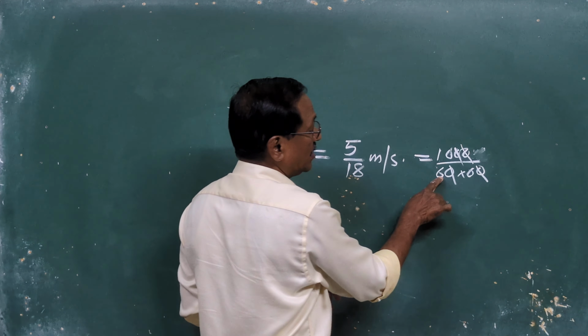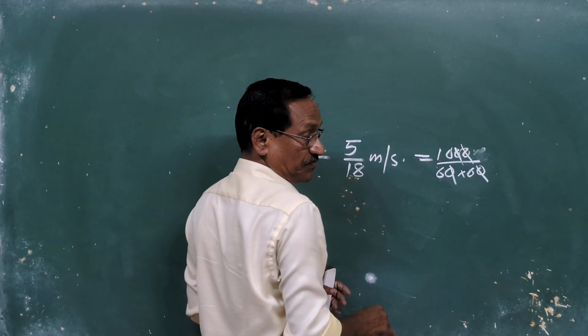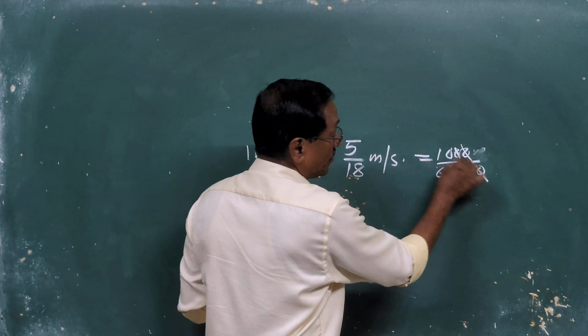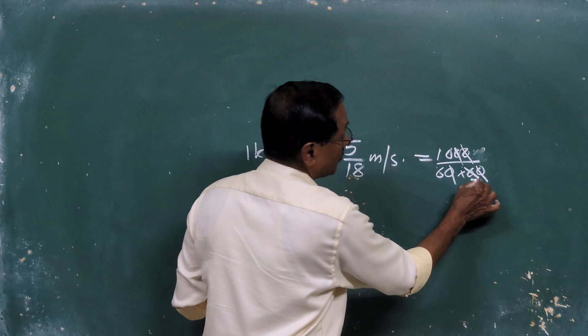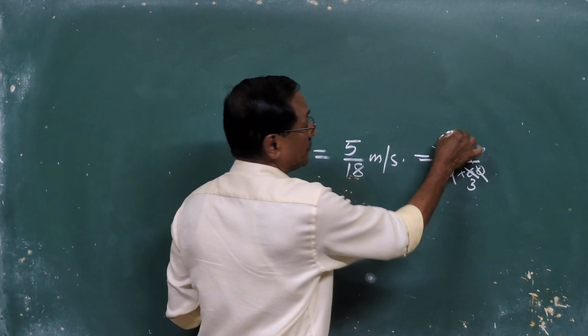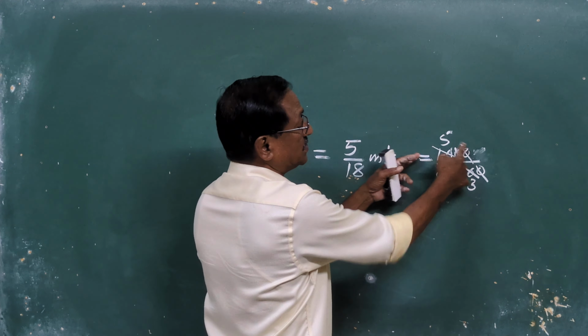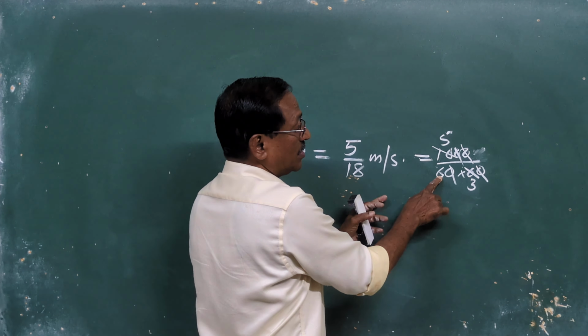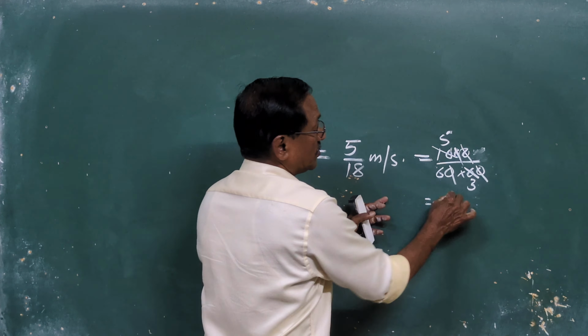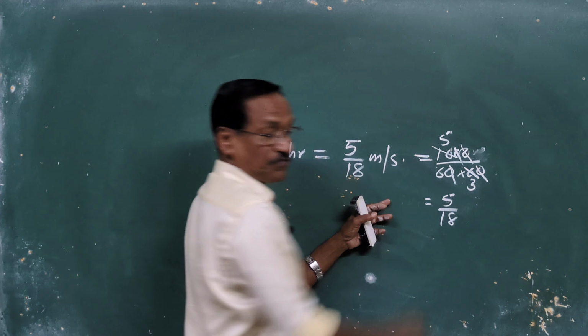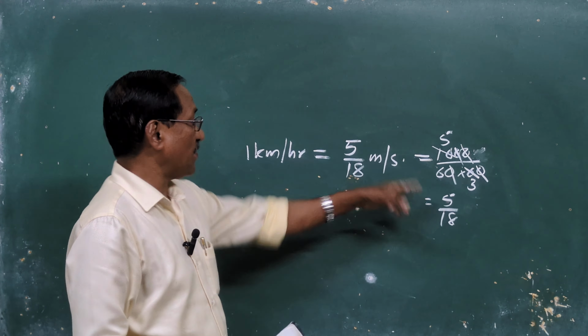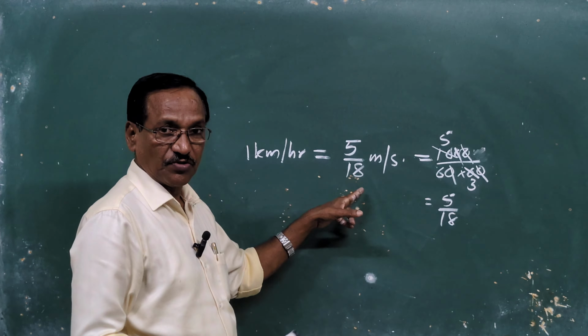Then you have 10 by 6 into 6. Then you can cancel a factor of 2 from numerator and denominator. Then here it will become 3 and this will become 5. So only 5 is there in the numerator. In the denominator, 6 into 3. So the answer is 5 by 18. It is thus that the 5 and 18 come in the conversion rule.